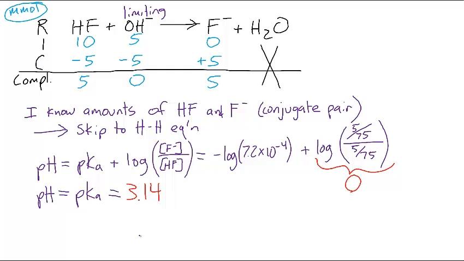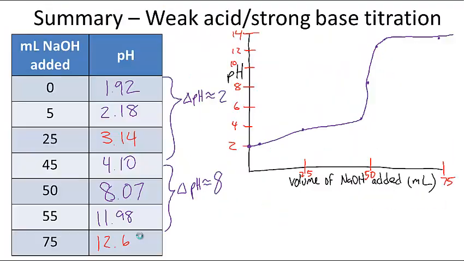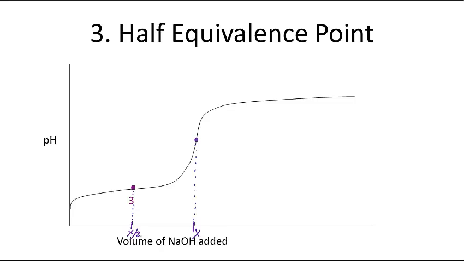At the half equivalence point, we've converted half of our acid into conjugate base. So the concentrations of acid and conjugate base are equal. And we said whenever that is true, what else will be true? pH equals pKa. So at this point, half of HA is converted to A minus.